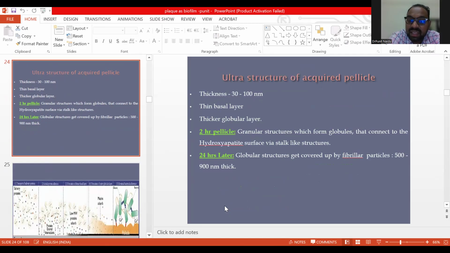It has a thin basal layer and a thicker globular layer. In pellicle formation, it consists of granular structures forming globules connecting to the hydroxyapatite surface via stalk-like structures. In 24 hours, the globular structures will be covered by fibrillar particles, which are 500 to 900 nanometers thick.